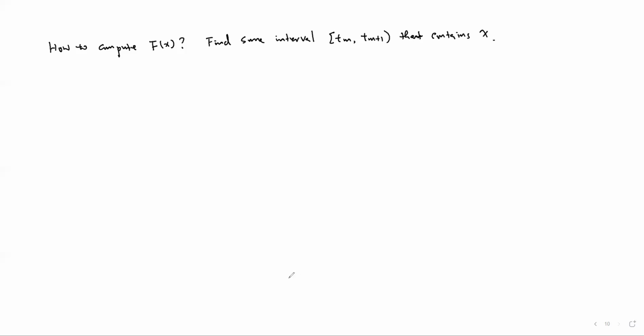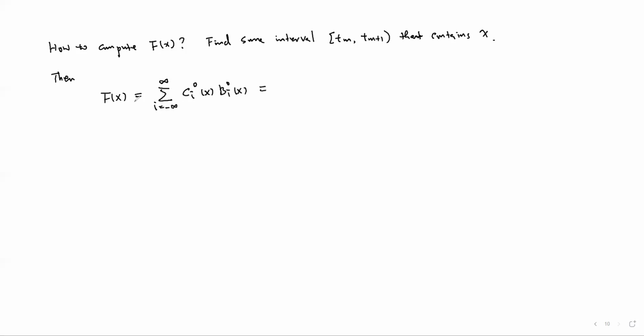Give me an x, then I look for an interval, say [t_m, t_{m+1}). This interval contains x. Then, after we locate this interval, capital F is the summation, i from negative infinity to infinity, of c_{i,0}(x) B_{i,0}(x).